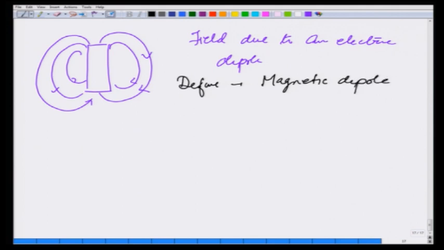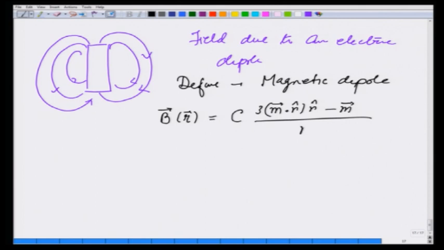All right, and I can say that magnetic field, which I am going to denote by B(r), is going to be some constant which will depend on the units, times 3 m dot r r minus m, divided by r cubed.